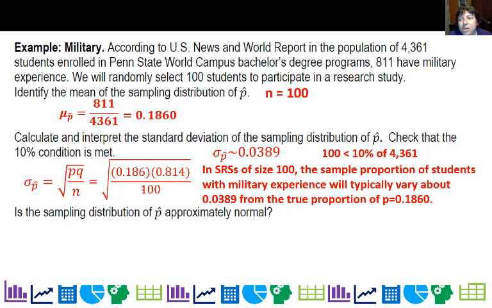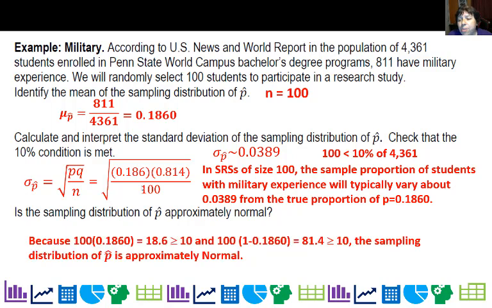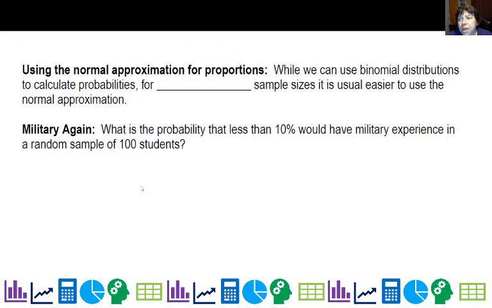That's where we have to check the large counts. And we already know our 10% condition is met. So because my successes, 18.6, is greater than or equal to 10, and my failures, 81.4, are greater than or equal to 10, I can say that the sampling distribution is approximately normal.